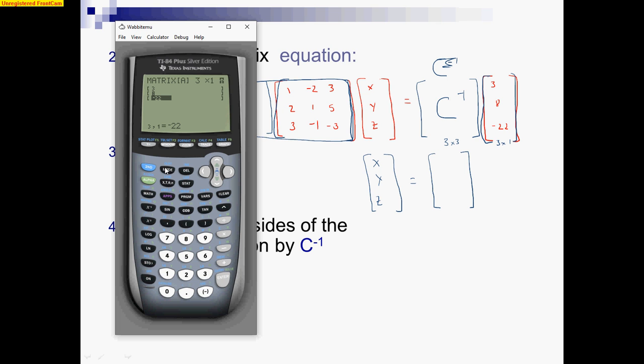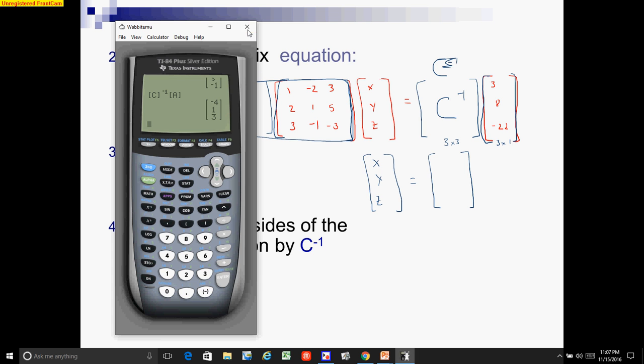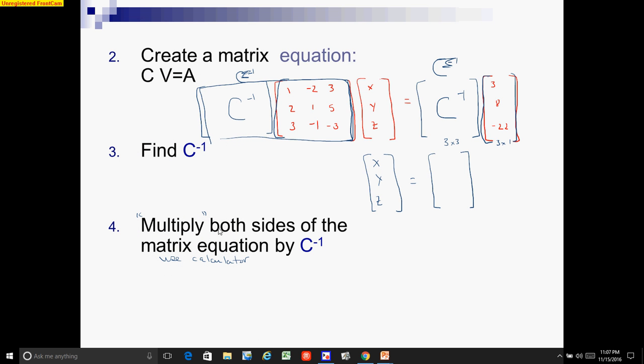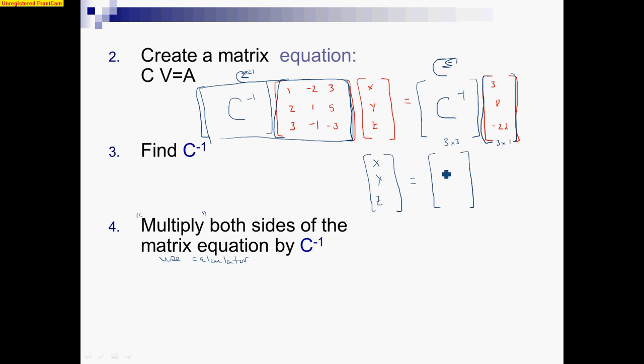C inverse was alright. There, much better. -4, 1, and 3. So that is my answer to the matrix equation.